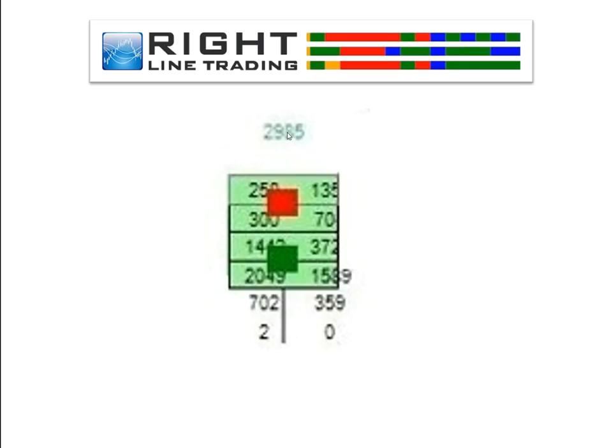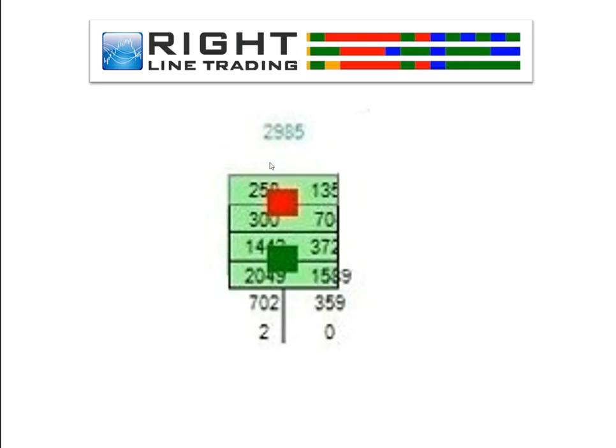So one would believe that there's significant buying pressure associated with this candle, and the candle is going to close to the upside.